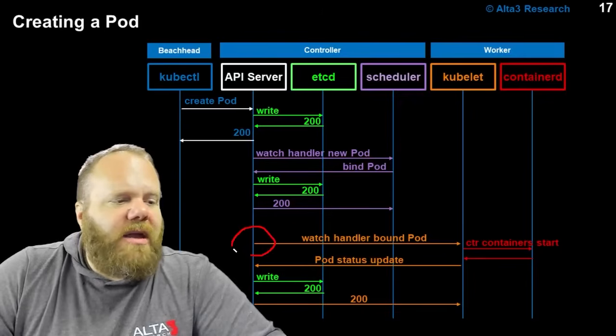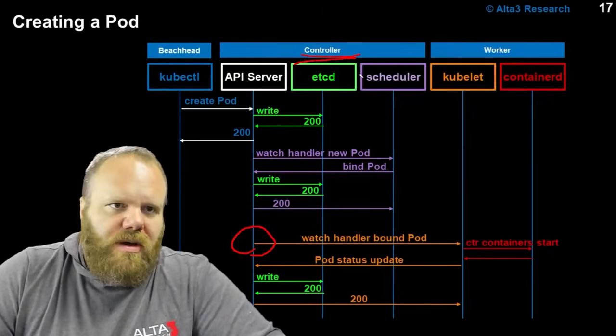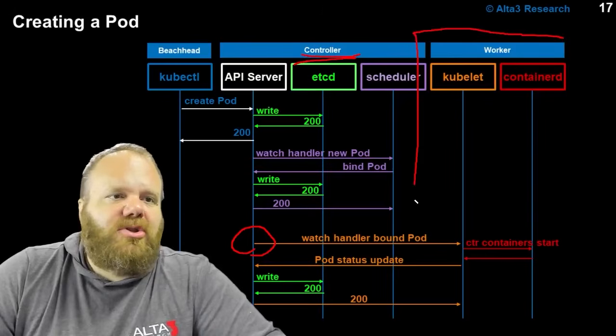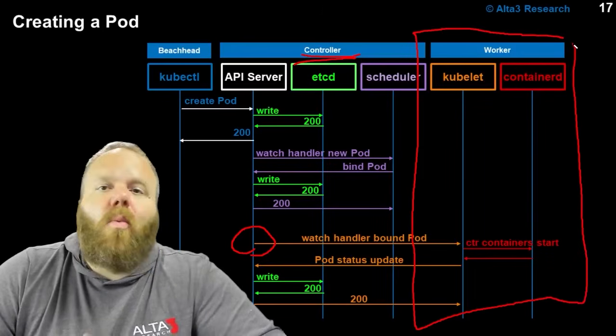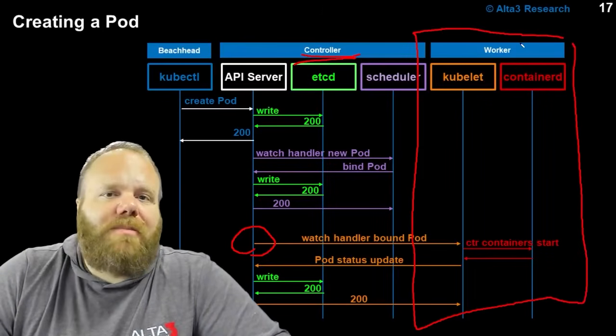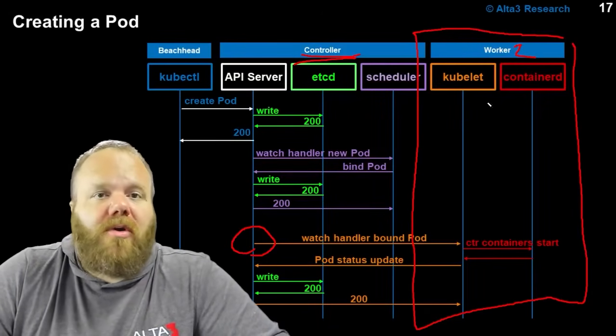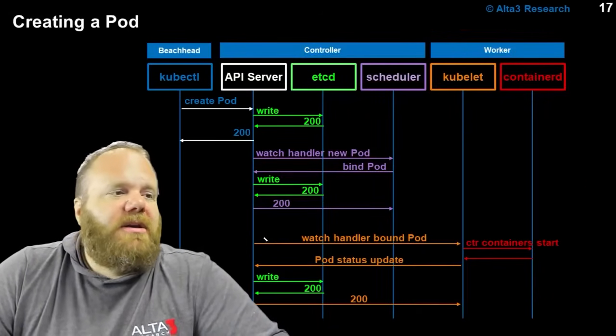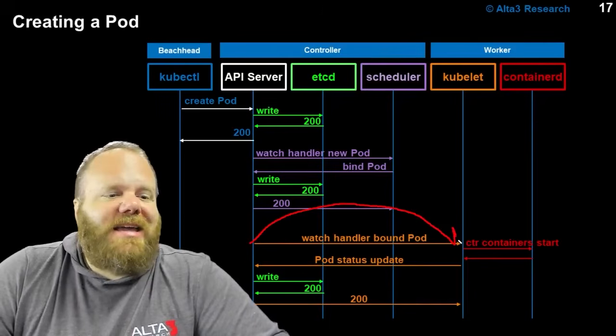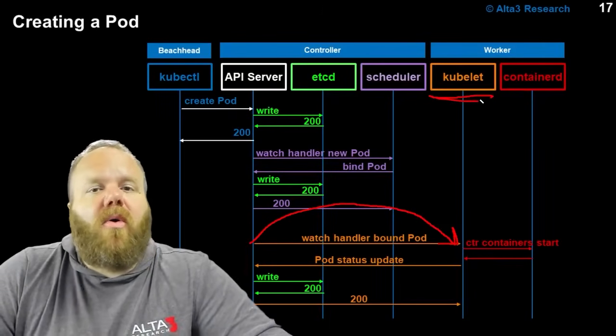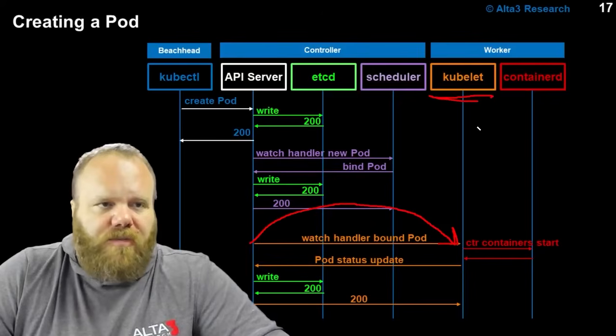From there, our API server, which again is inside of our controller node, is going to reach out to the worker node where we decided we wanted to make the pod in the first place. Remember how we said that that might have been worker node number 2. So the API server sends that to Kubelet, specifically Kubelet on worker node number 2.